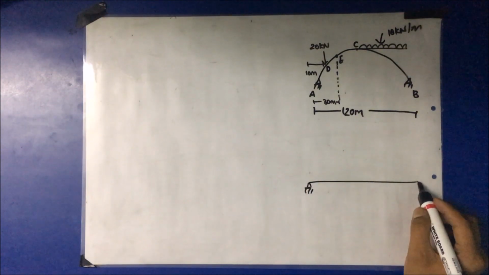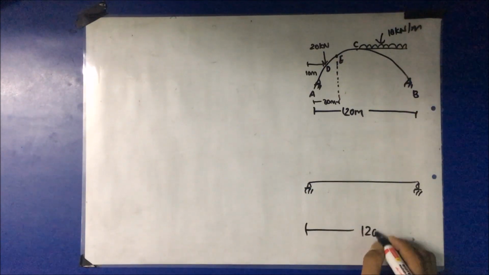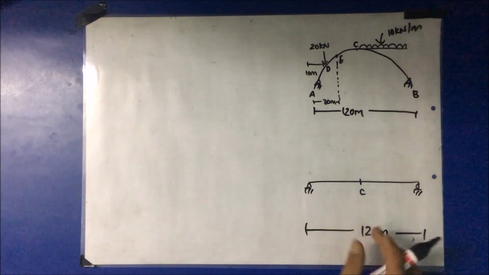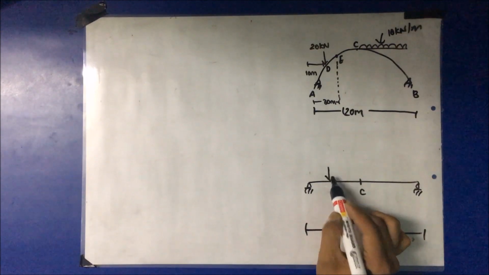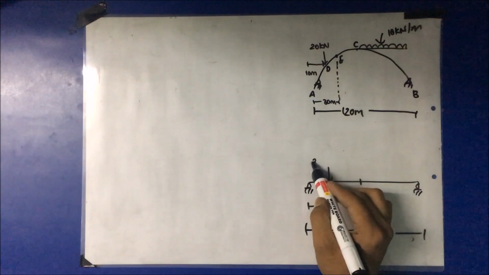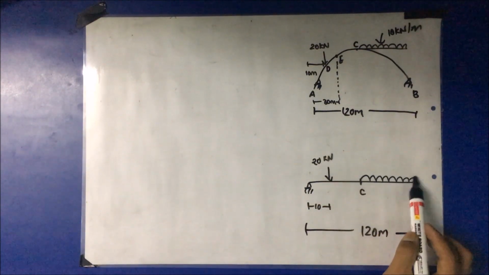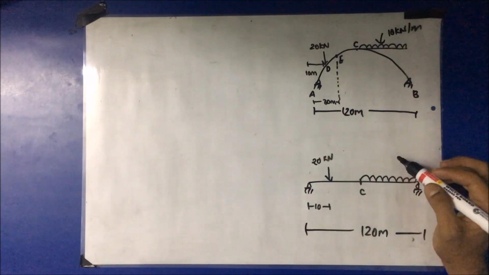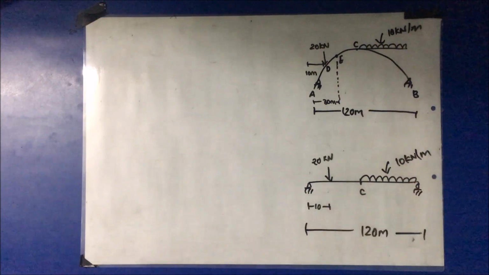Consider a simply supported beam of span 120 meter with mid span 60 meter, that is C, and a point load acting at a 10 meter distance from the left support, of magnitude 20 kilonewton, and a UDL applied throughout the right half portion of intensity 10 kilonewton per meter.